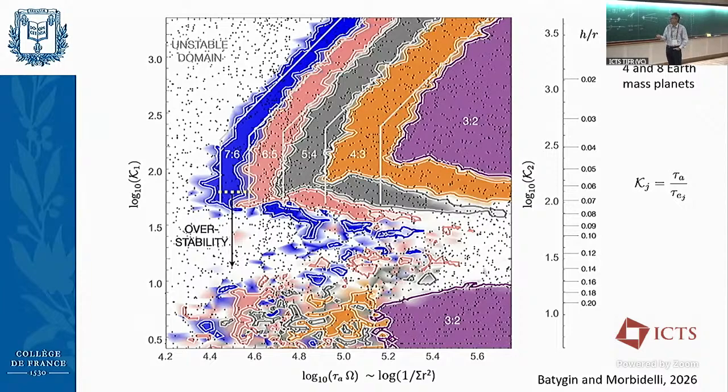So this number is a decaying function of the distance from the star. If you want this number to be small, you need to capture far from the star. And if you want this number to be big, you can be close to the star. And so to capture in 7:6, this number has to be really small.